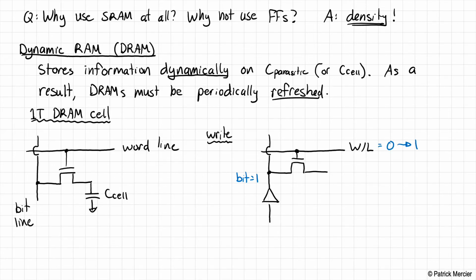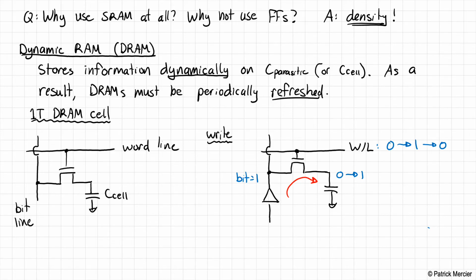We have it go from 0 to 1. That turns on this transistor, and it charges voltage onto this capacitor, so this charges from 0 to 1. And then once we've stored that value on the capacitor, we deassert the word line, and the voltage that's stored on here is now logic 1.